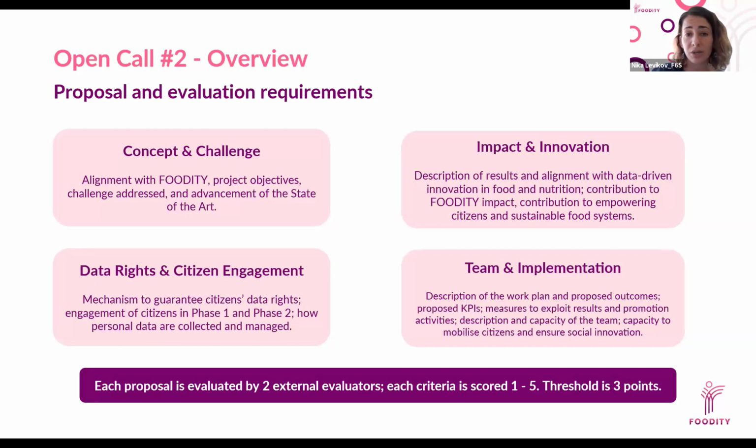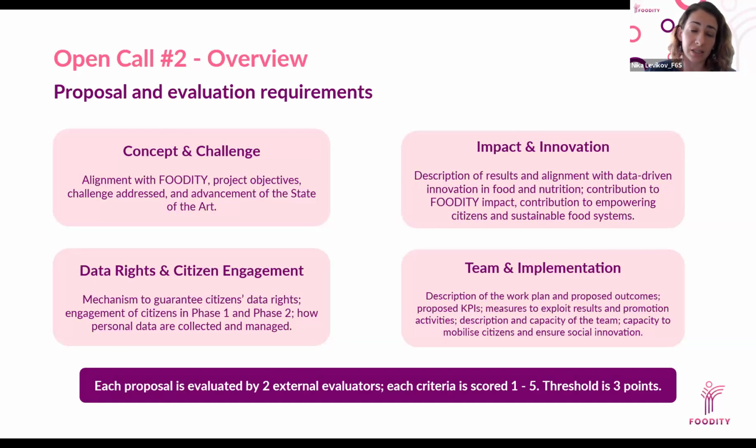And when it comes to team and implementation, perhaps this goes without saying. We need to see that you have the right team to do what you plan on doing. So make sure that you have clearly explained your capacity to carry through with the technical advancement, with the citizen engagement. And also, we would like to see a very clear work plan with proposed outcomes and KPIs.